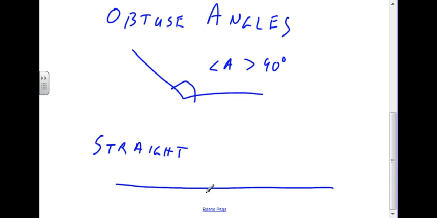So there's a straight angle. There's the vertex right there. And it's 180 degrees. Only on an SAT test would you have somebody do something silly and put a straight angle on it and have that try to confuse you. But vocabulary-wise, we have right angles, acute angles, obtuse angles, and a straight angle.